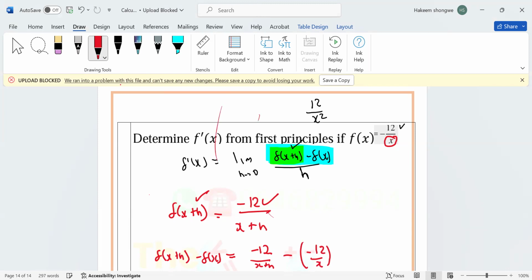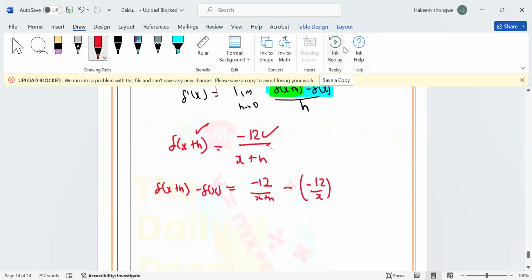The next thing that we are going to do from here is to say we have minus 12 all over x plus h. A negative and a negative is going to give us what? It's plus. And then we're going to have 12 all over x.